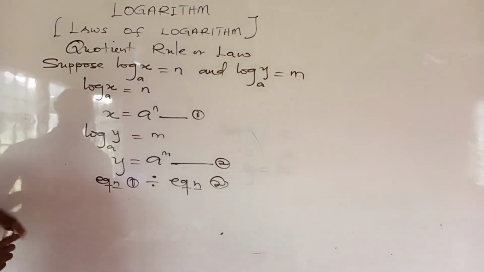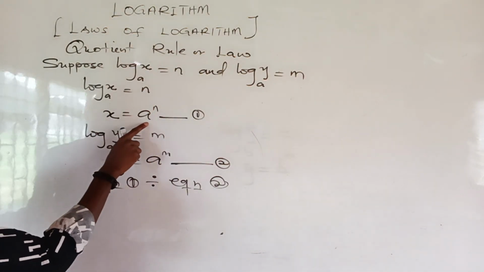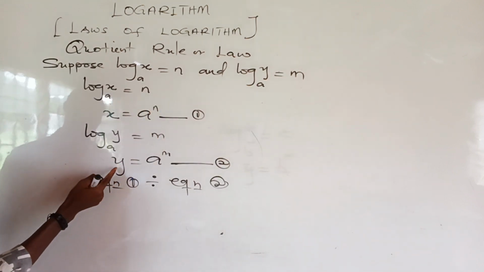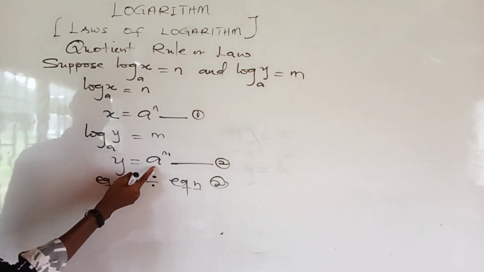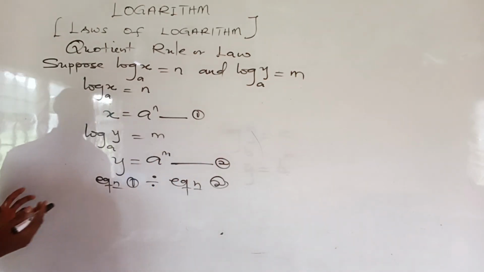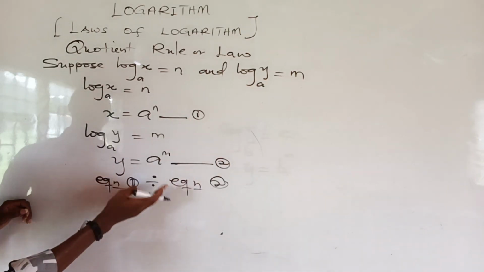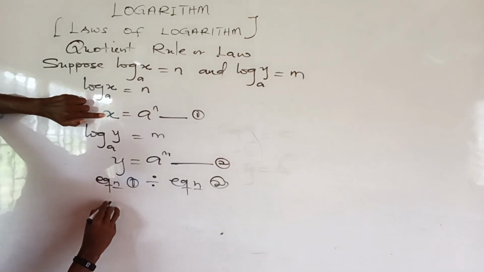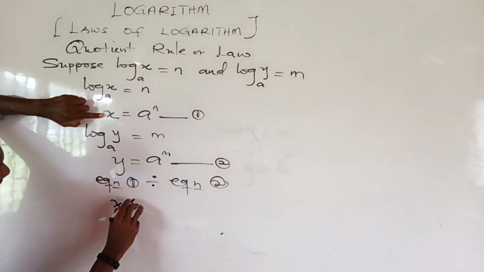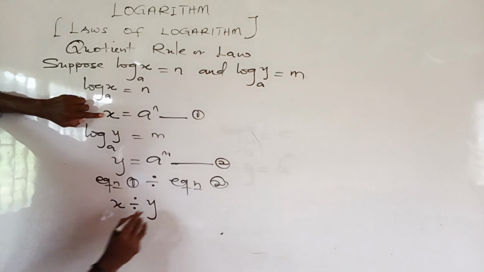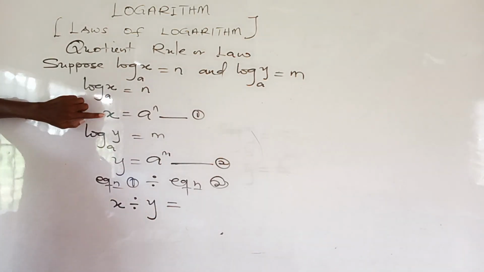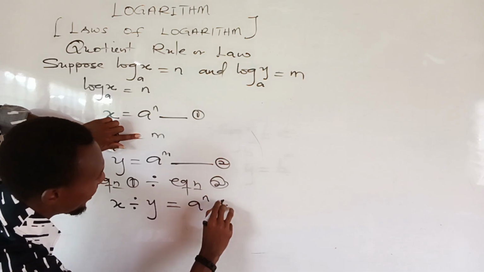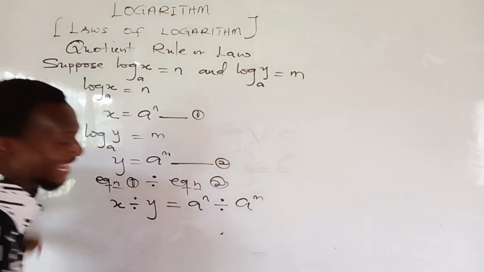In equation 1, we have s equals a to the power n, and in equation 2, we have y equals a to the power m, and we want to divide equation 1 by equation 2. So I'm going to have s divided by y equal to a to the power n divided by a to the power m.